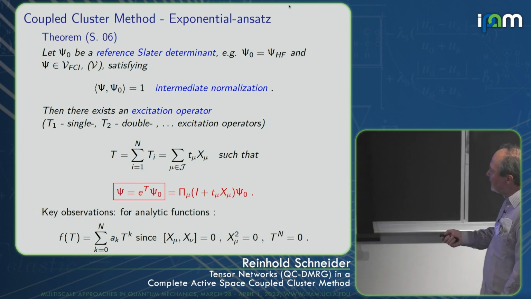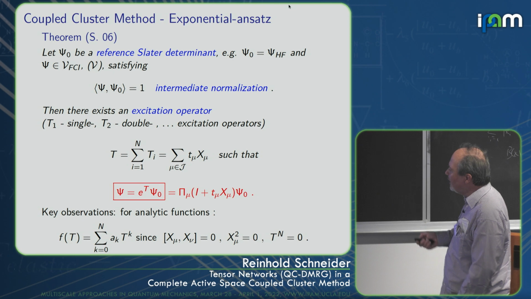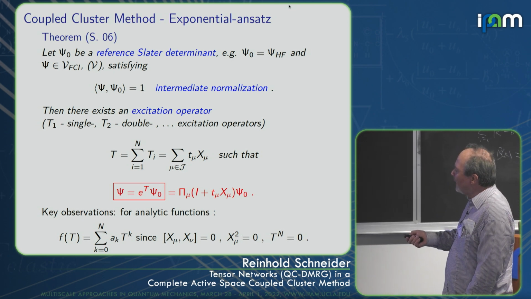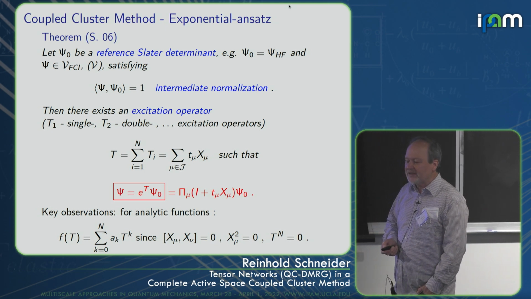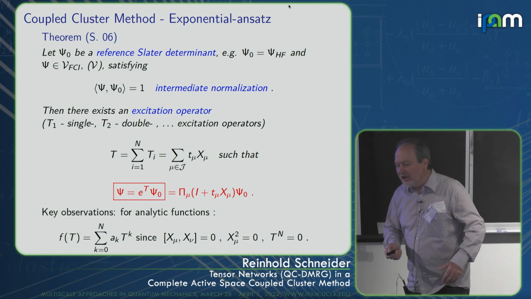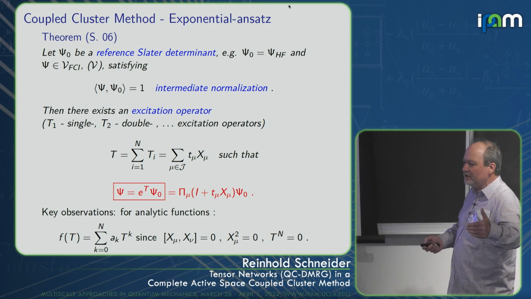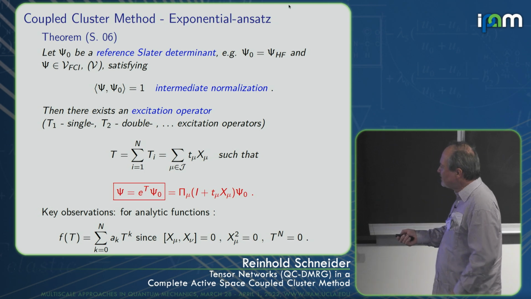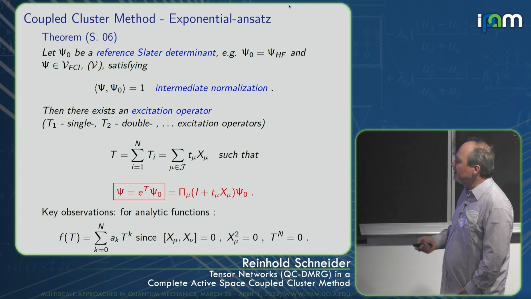But that's not what you do in practice, because, I will talk about full CI a little bit later, for obvious reasons. What you do in practice is restrict yourself to a certain kind of excitations. Usually you have single excitations and double excitations, possibly triple and quadruple and so on. But the standard coupled cluster goes up to double excitations.